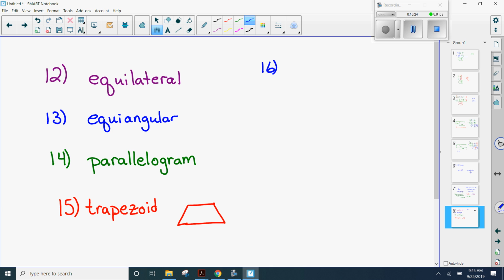Is a rectangle a parallelogram? Yes, because it has two pairs of parallel sides. Now you need to tell me, is it equilateral or equiangular? Equiangular. So a rectangle is an equiangular parallelogram.